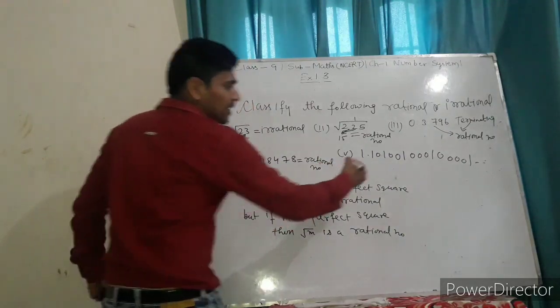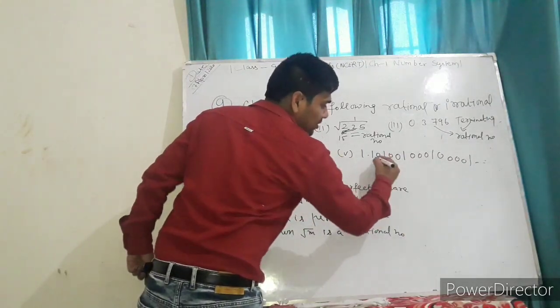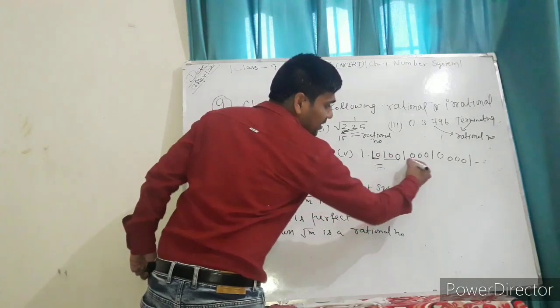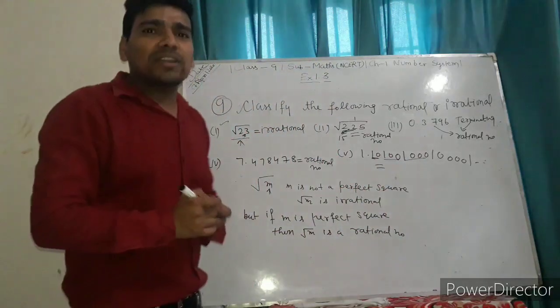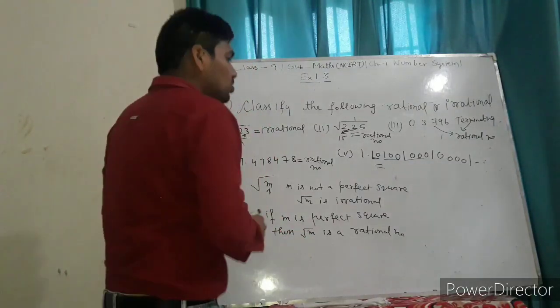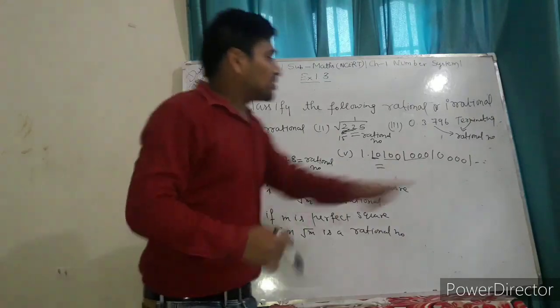Now the fifth is non-terminating, non-repeating, because this is 100, 10, 100, 1000, but no repetition like 10 10 10 or 100 100 100. So this is non-terminating, there is no termination, three dots are here.